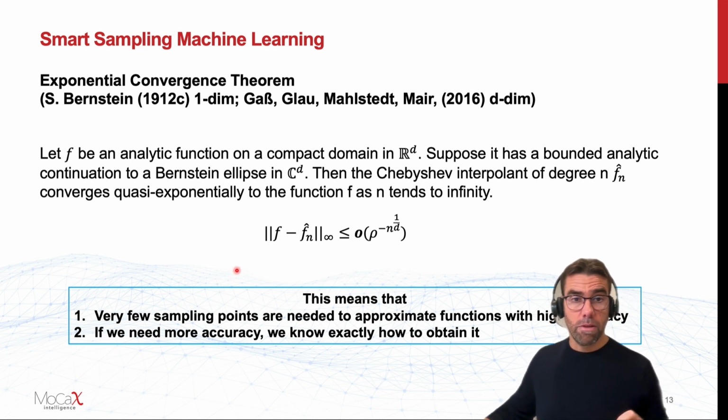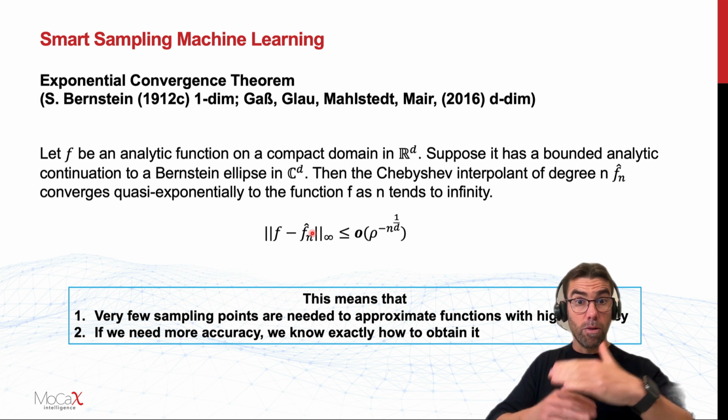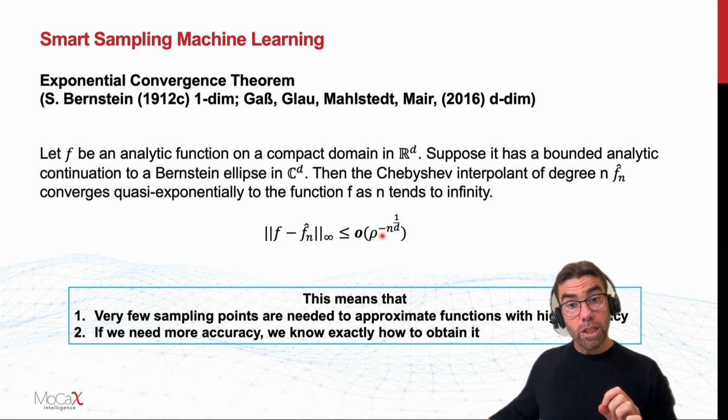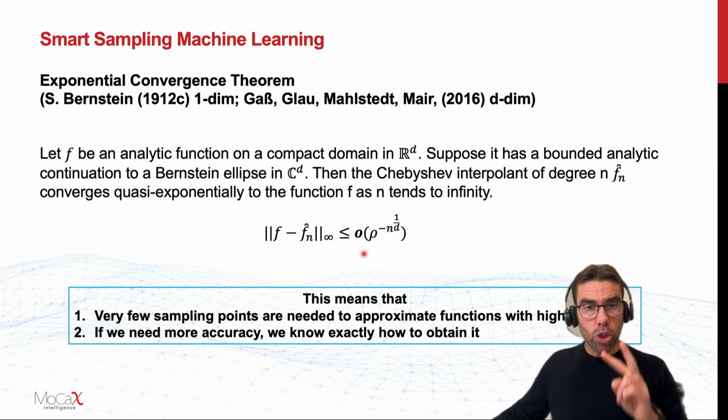If we have a function that has some properties that pricing functions usually do have, and we approximate it with a Chebyshev tensor with n points, the distance between those two functions in the supremum norm, that is the maximum error between those two functions, converges exponentially fast with the number of points. This is very important because this exponential convergence means in practice two things.